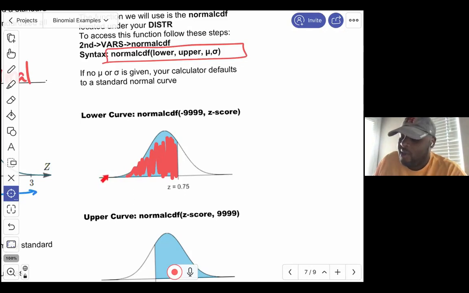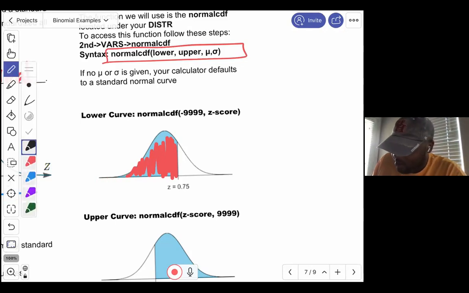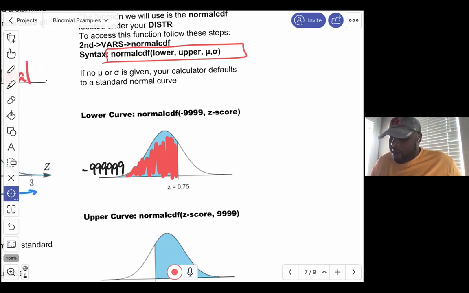Our calculator has no negative infinity button, so we're going to estimate this left-hand side using a value like this: -99999, a whole bunch of negative 9s. So if we plug this into the calculator, we would do normal CDF. My lower bound would be -999, and my upper bound is going to stop at whatever the Z-score is right here.